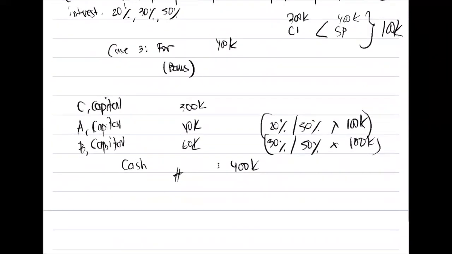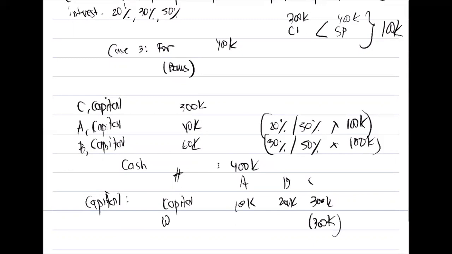So if you are asked, what is the capital after? What is the capital before? We have A, B, and C: 100, 200, and 300. Then we have a withdrawal here. Remove the 300,000 from C. A, 40, B, 60. So what is the balance?